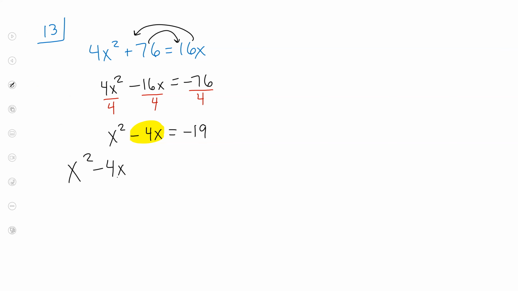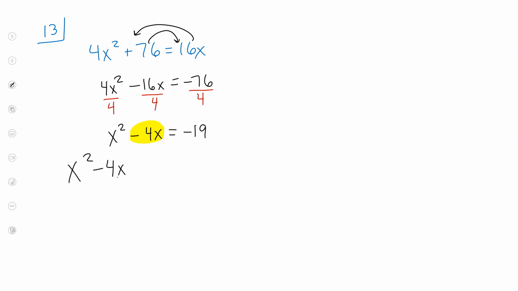All right, now we're going to go ahead and factor. So I need 2 numbers that will multiply to give me 4, but combine to give me negative 4. Yes, negative 2, negative 2. Negative 2 times negative 2 is a positive 4, but if you add them, you'll get negative 4. So that means this side is a perfect square.